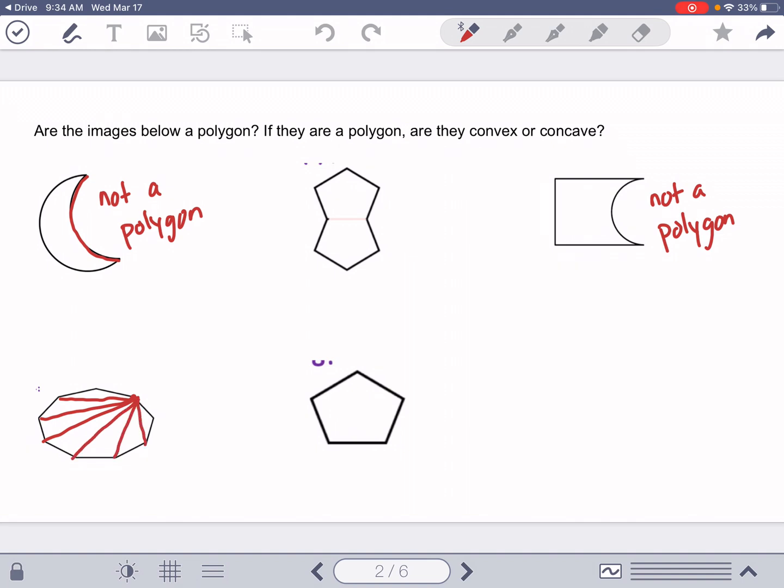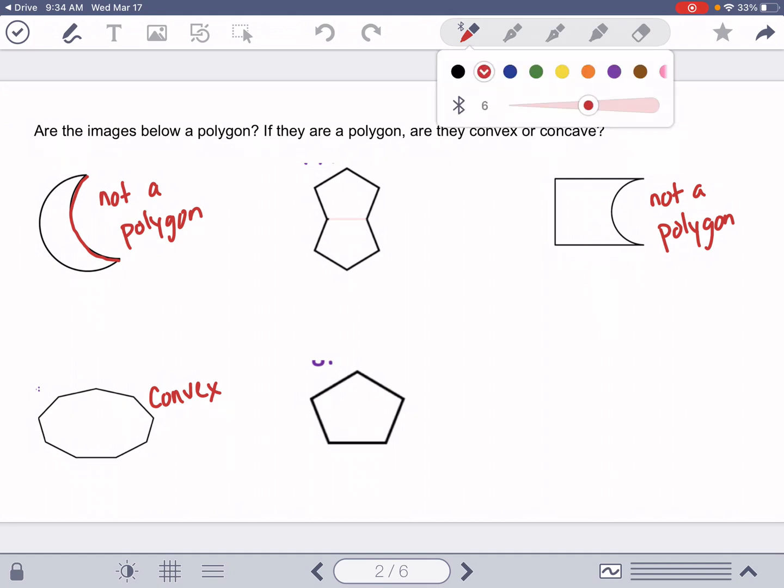Like those are some diagonals. You might think of these as diagonals, okay? So anytime I draw a diagonal, if it always stays on the inside, that would be convex. So this is a convex polygon.